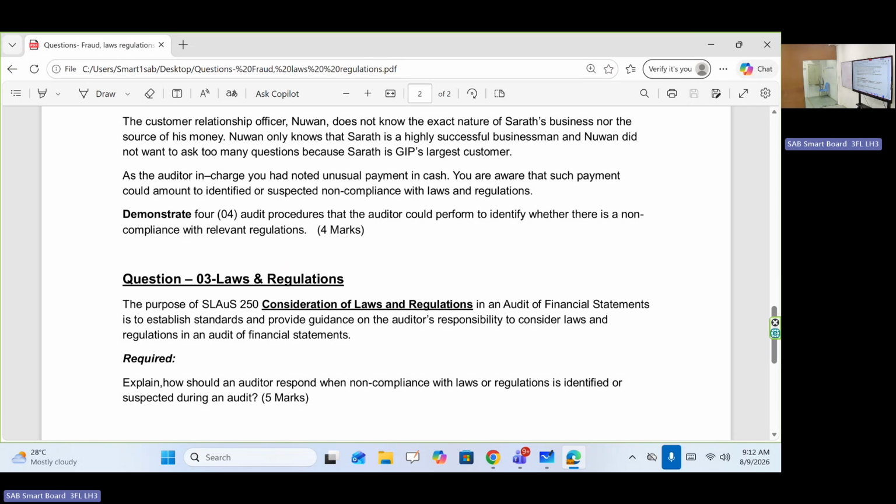Those charged with governance, now directors. Management representation from the directors. Those charged with governance, in brackets, if you want, just write directors, board of directors.